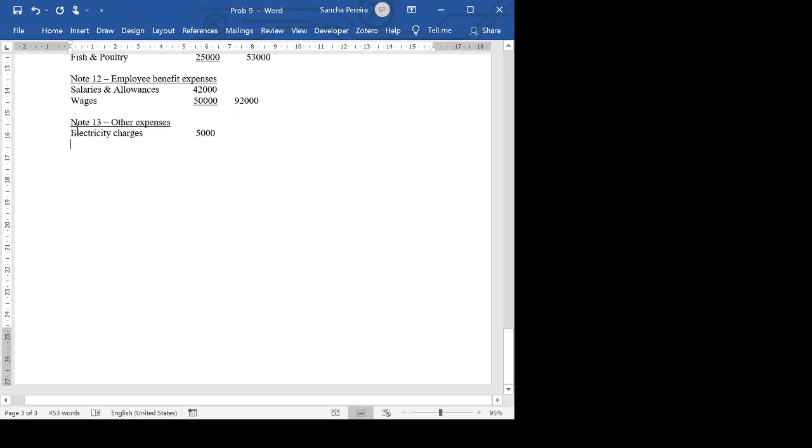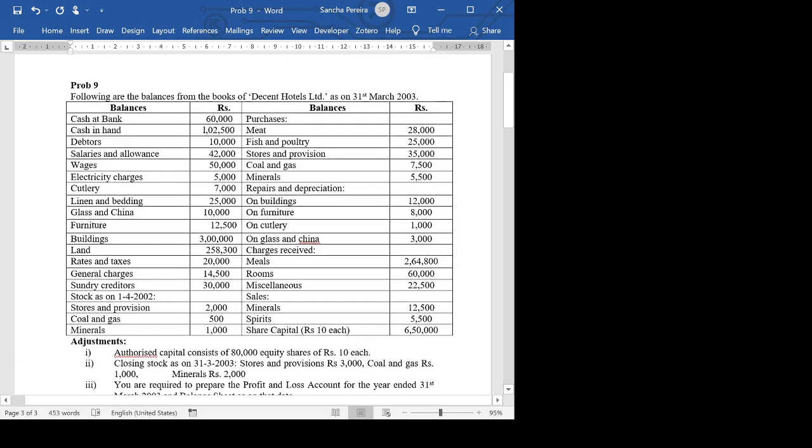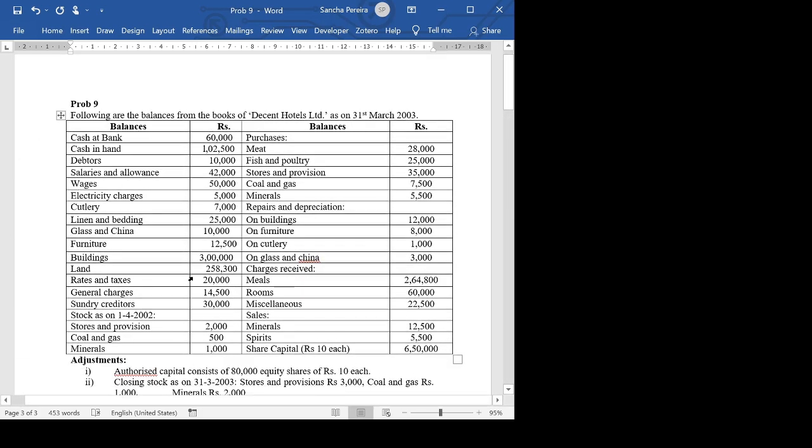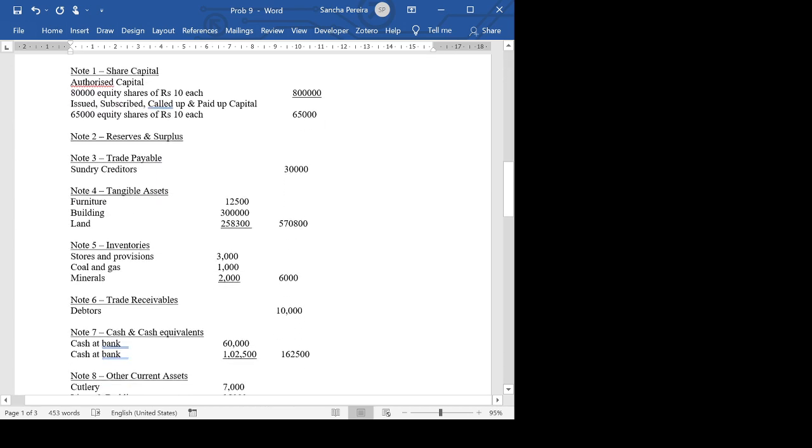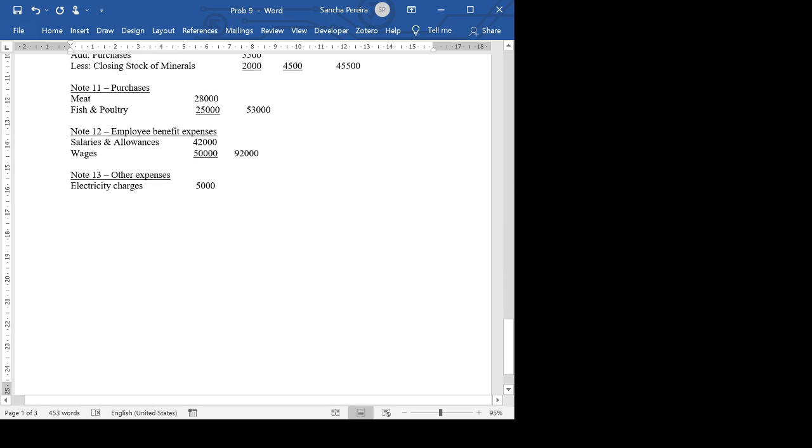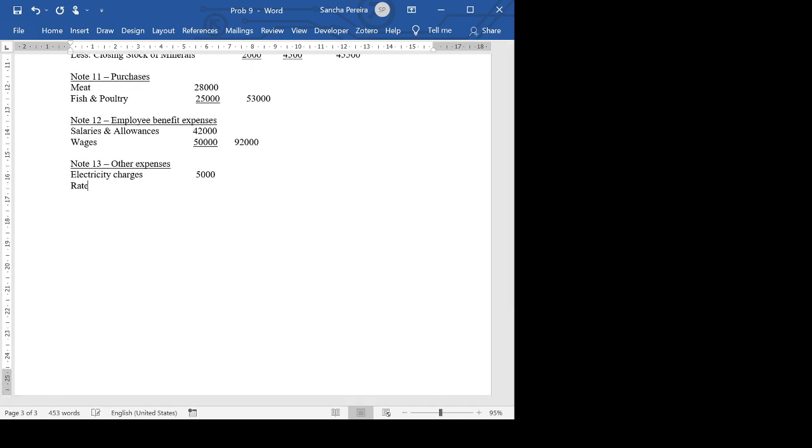Then we have rates and taxes and general charges. Rates and taxes are 20,000. General charges 14,500.